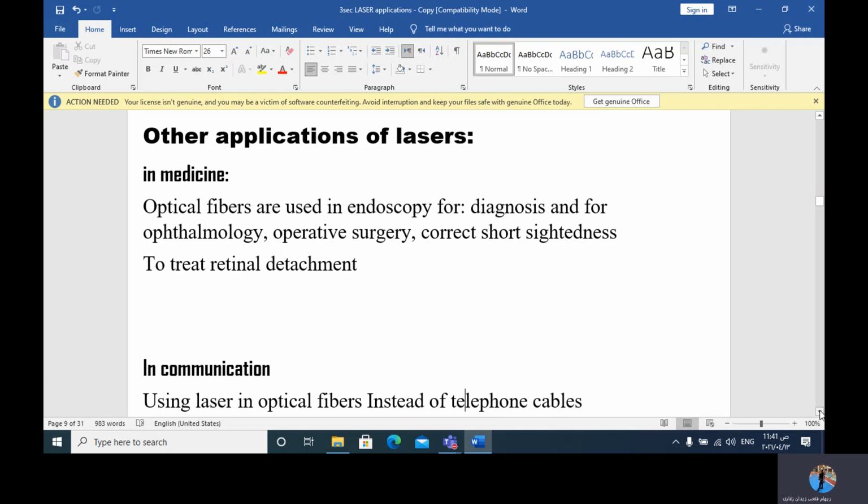So I use endoscopy for diagnosis to know the disease, and for ophthalmology. Ophthalmology is the science of studying everything about the eye and the sight. And I can also use the laser in operative surgery to correct short and long sightedness.